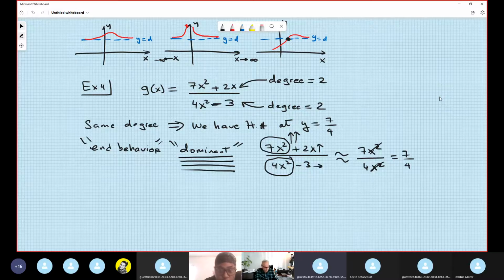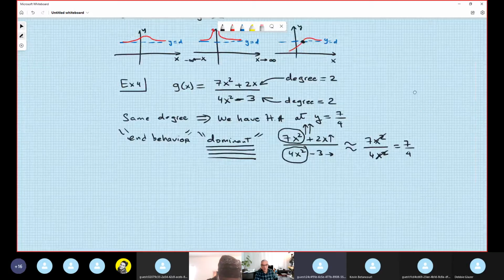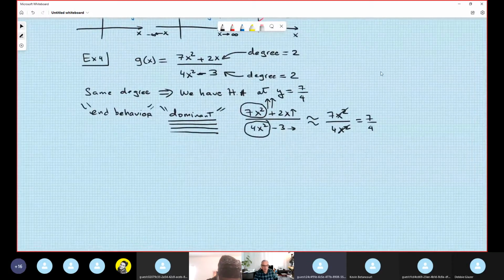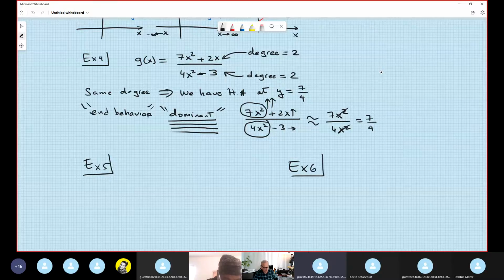Okay, let me try to apply this idea of determining the horizontal asymptote on two new examples I bring for you, and you help me. Suppose example 5 and example 6. Let's do it simultaneously, both, because it's the same idea, no?